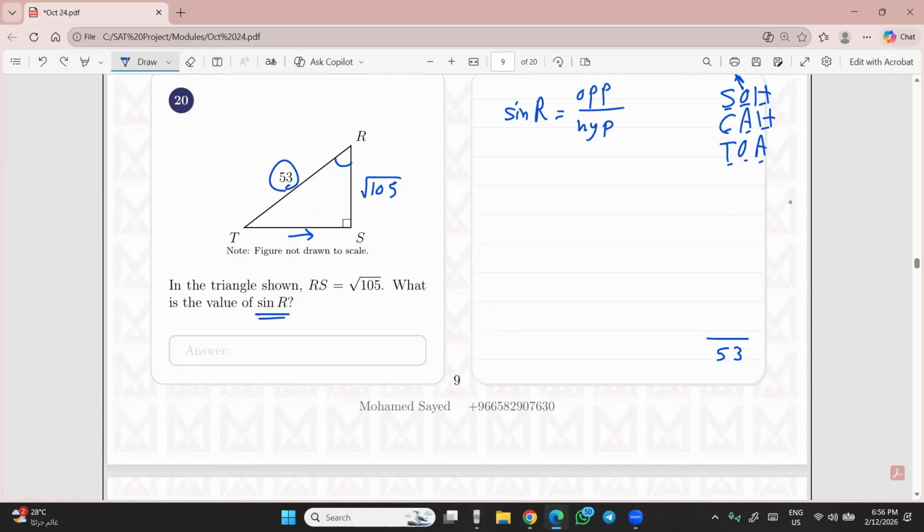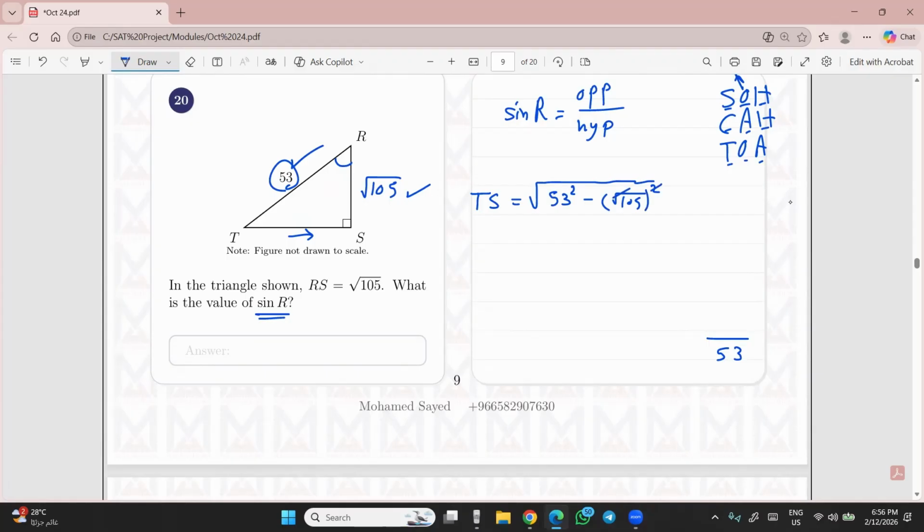Whenever you need to get the length of a leg, not the hypotenuse, you need to subtract. So get TS by taking the square root of 53 squared minus the square root of 105 all squared. That's how to write it.